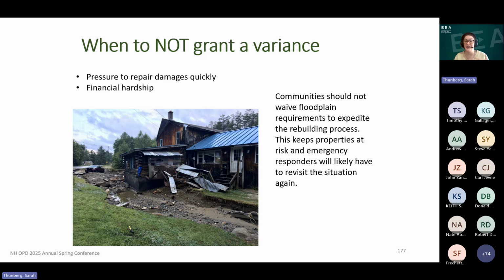That is not a wise thing to do, because this essentially maintains the risk of the structure.